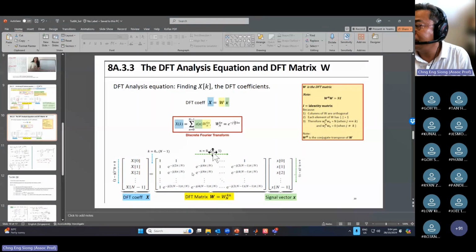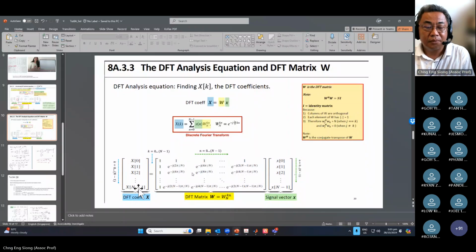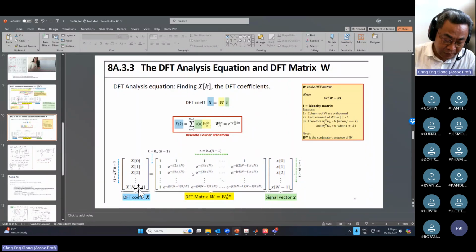Is that clear, Ignatius? And if this is time, then this must be frequency. You know that this is frequency k, because on the left-hand side we're talking about big X 0, 1, 2. So why do we call k the frequency? Let's see.